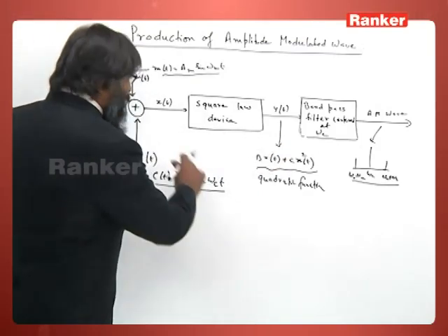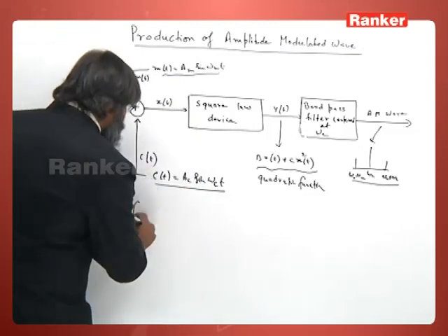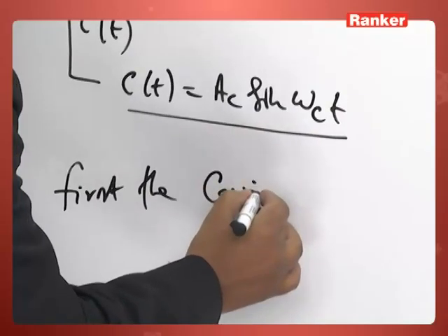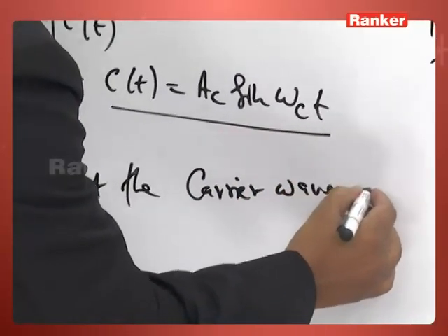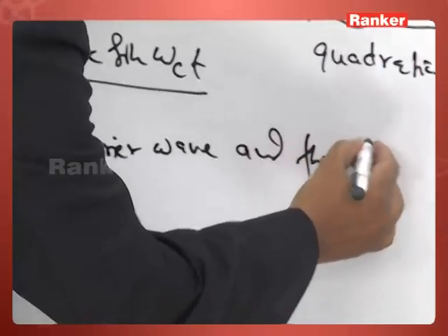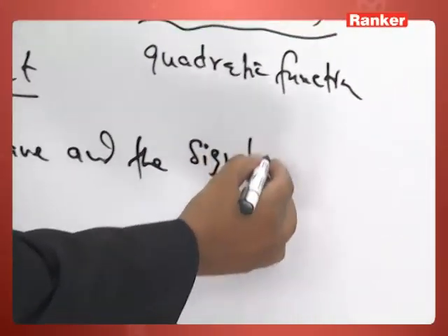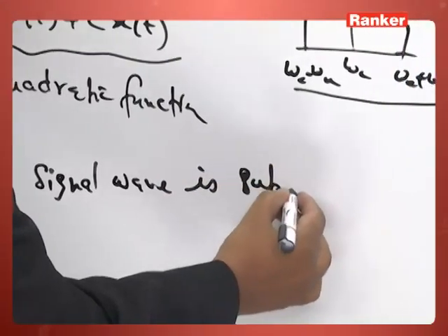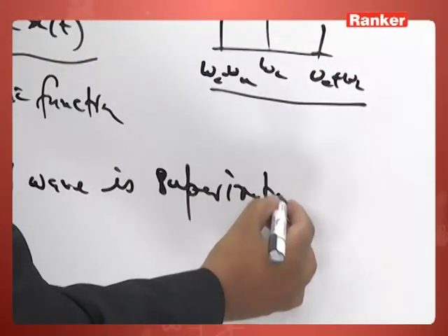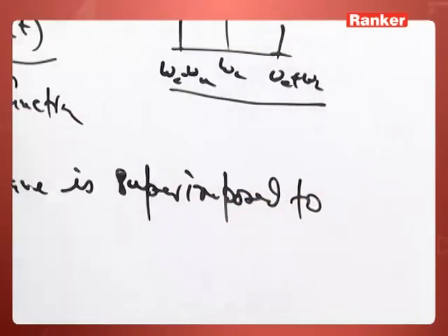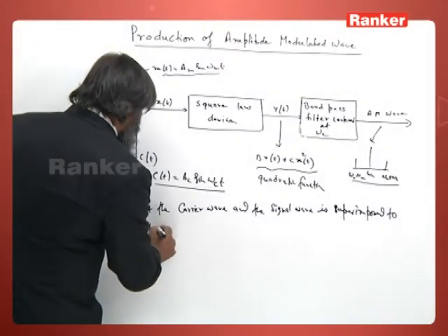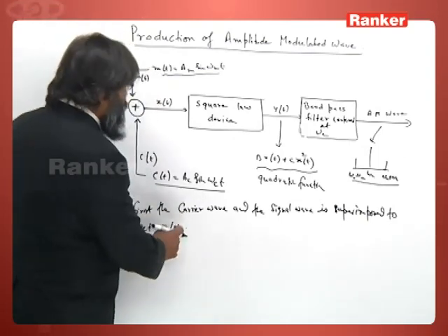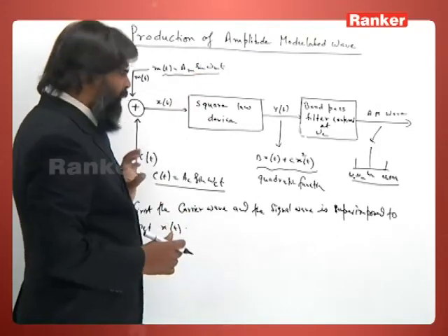So what are the stages involved? First, the carrier wave and the signal wave are superimposed to get x(t). So x(t) is the superimposition of these two waves.